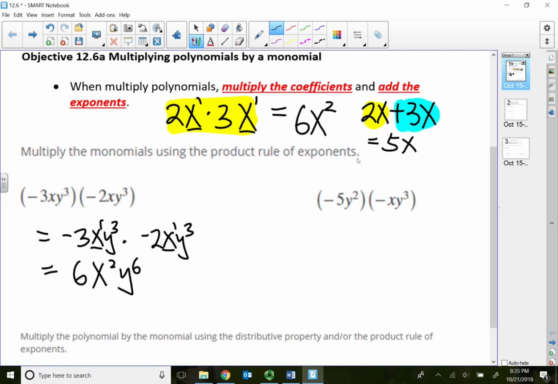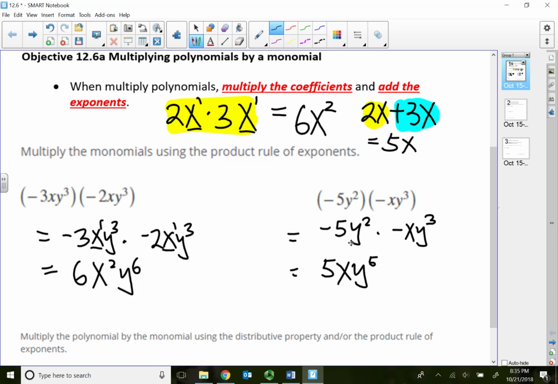This one on the right is basically saying negative 5y squared times negative xy to the third. Negative 5 times negative 1 is going to be positive 5. Y to the second times y to the third is y to the 5th, because we add the exponents. The x should still be there.